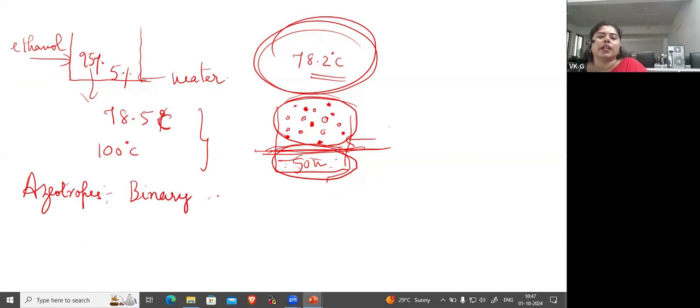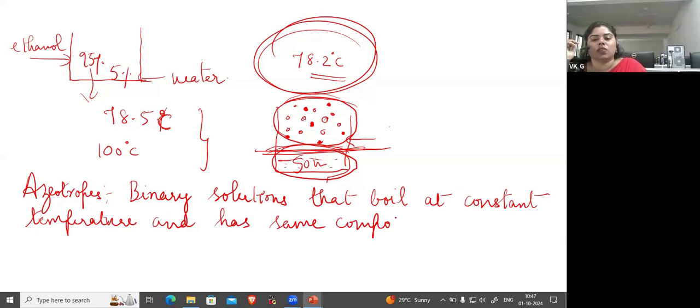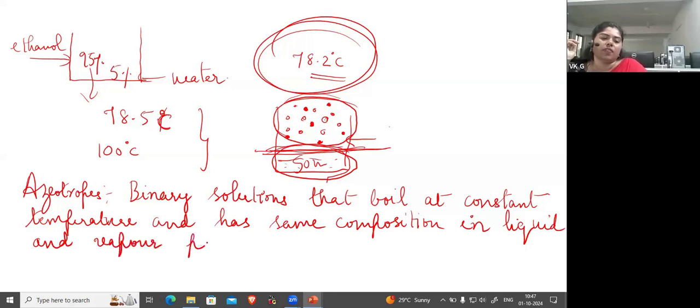Binary solutions that boil at constant temperature. However much you boil, it does not change, that's why it is called boiling at constant temperature, and has the same composition in liquid and vapor phase. Then you call it azeotropes.